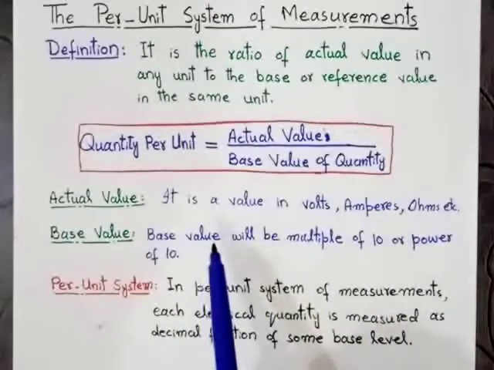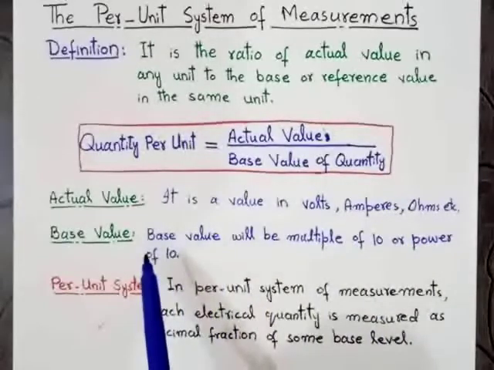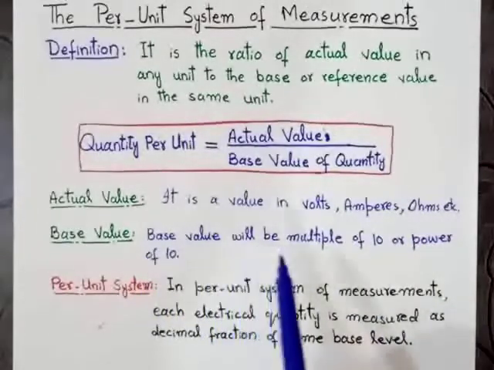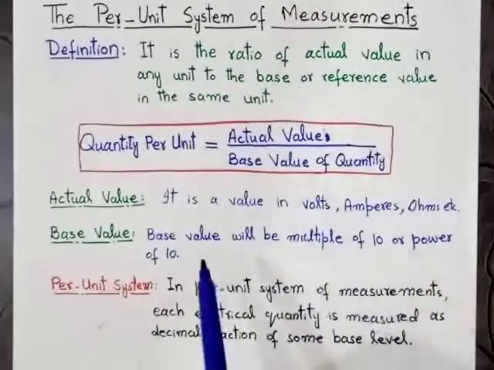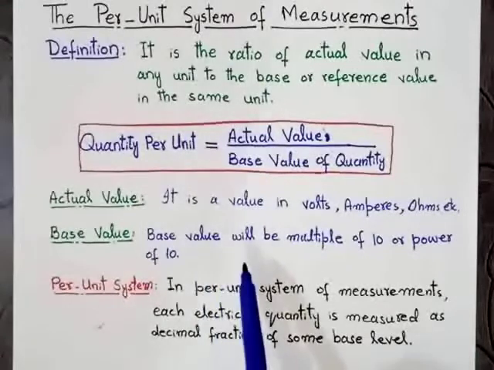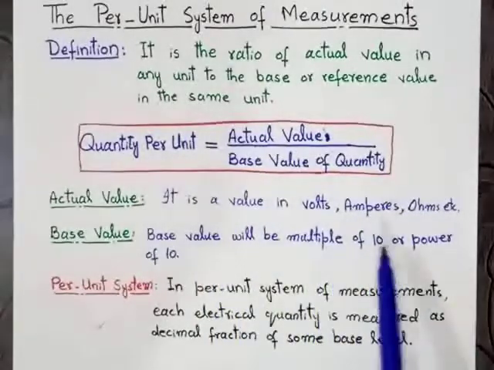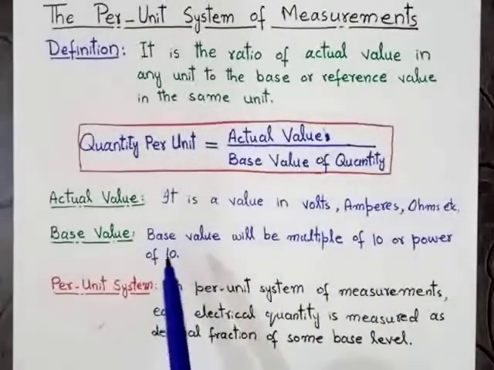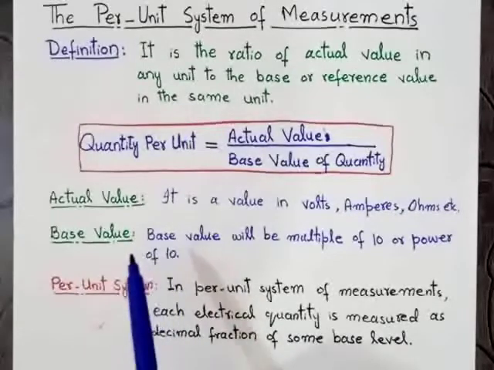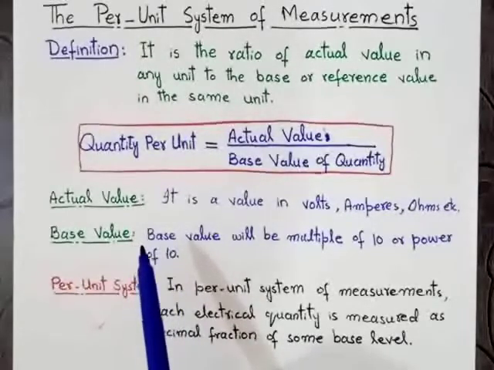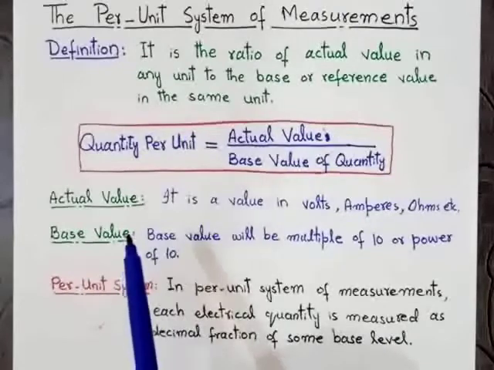And the base value, this is a very important point, the base value will be a multiple of 10 or a power of 10. That is, if the base value is 400, then 400 is basically a multiple of 10.